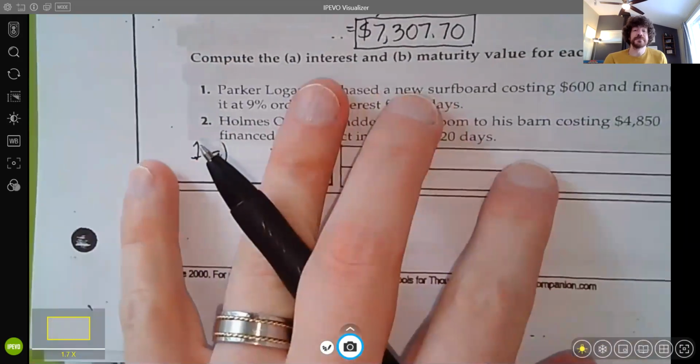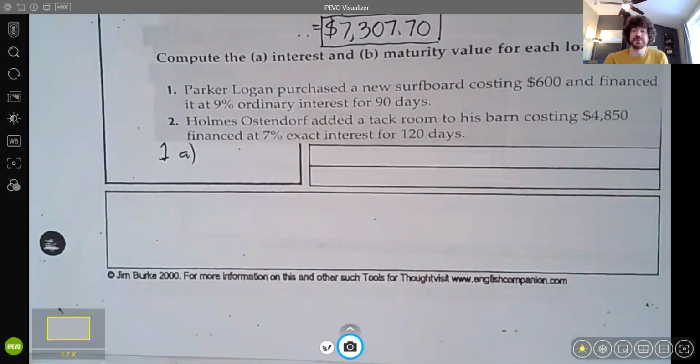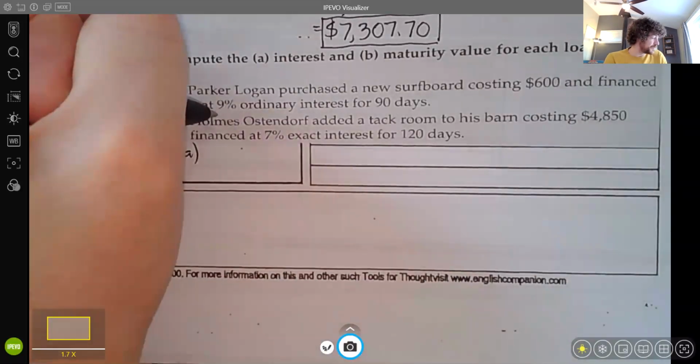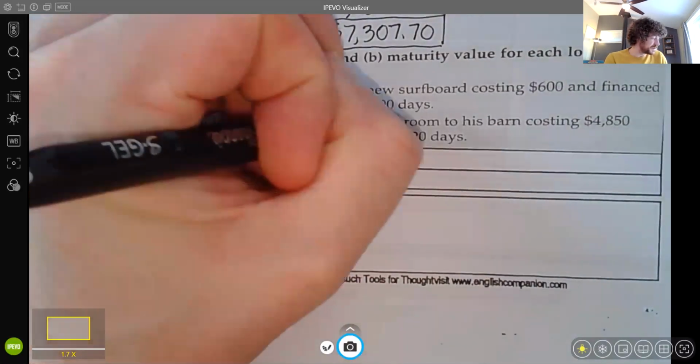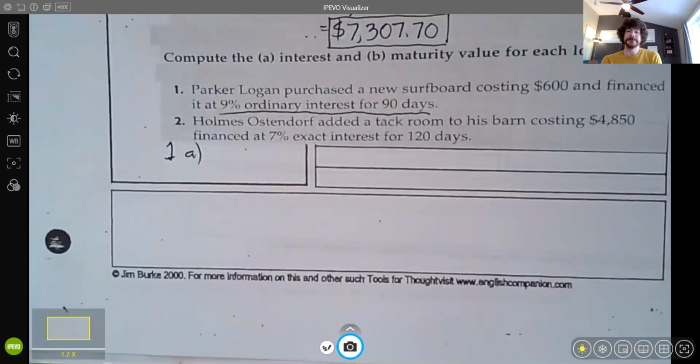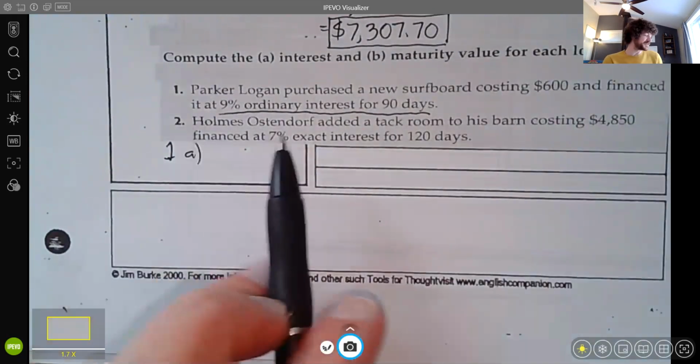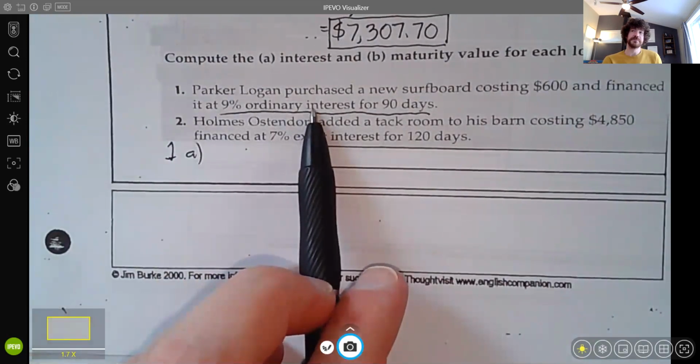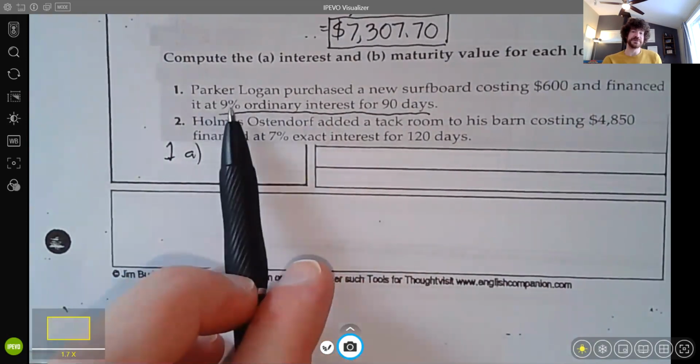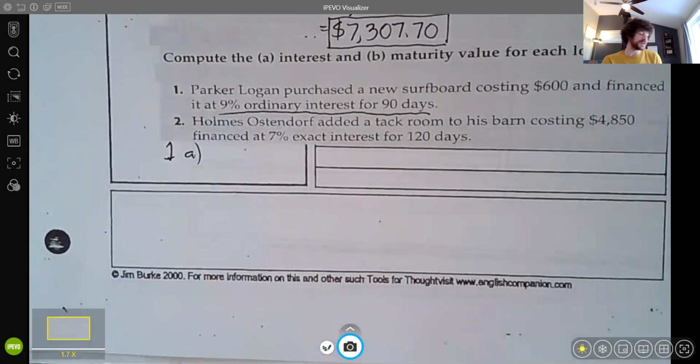It says Parker Logan purchased a new surfboard costing $600 and financed at 9% ordinary interest for 90 days. So ordinary interest is over 360. 9% would be 0.09. Principal value is 600.